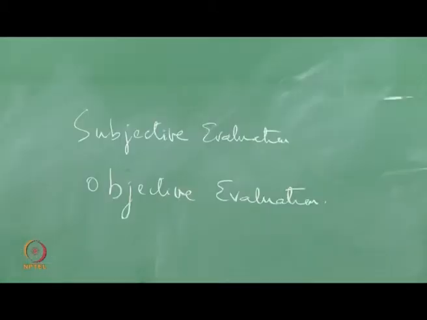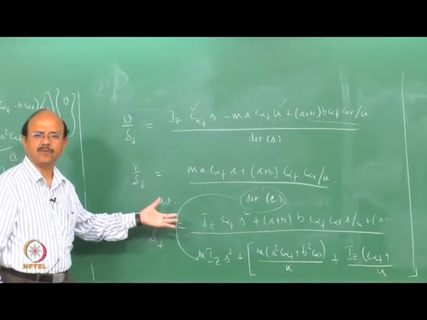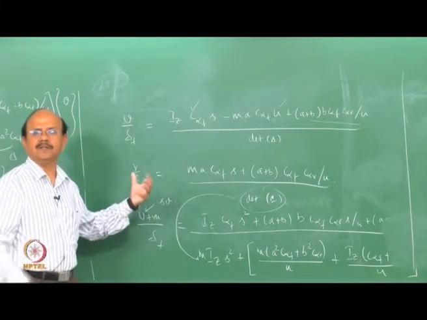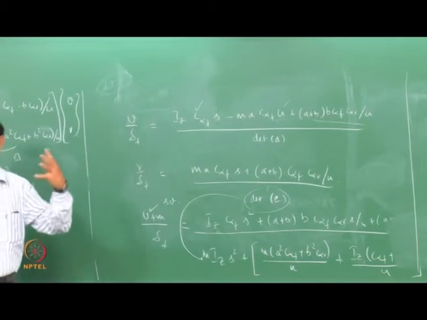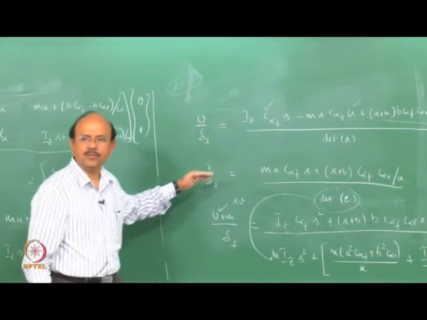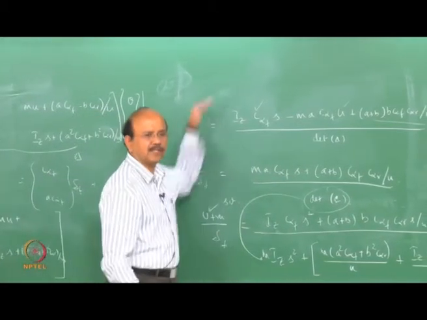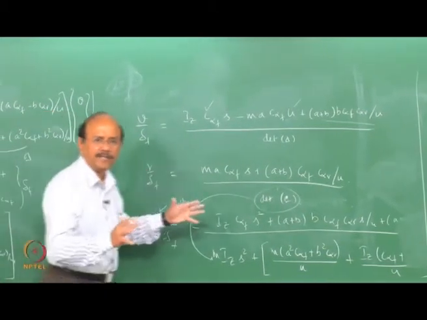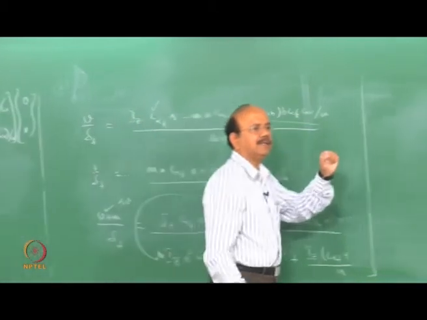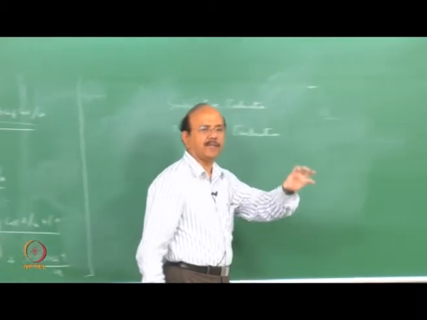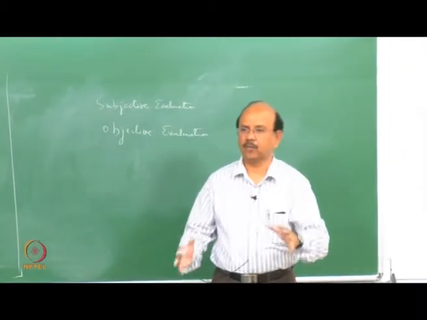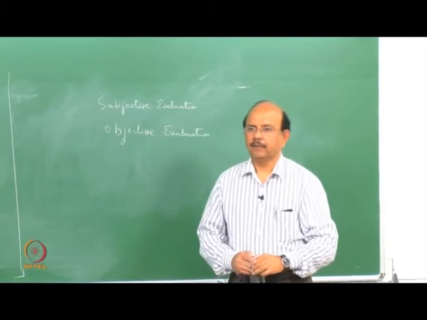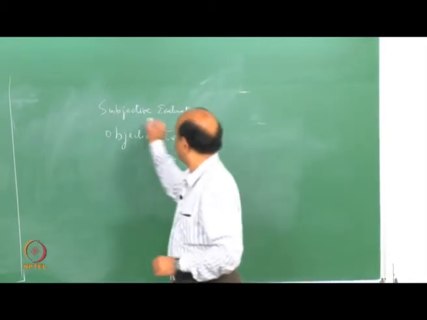Now, what is objective evaluation? I have these equations. What does it really mean when I have 2 or 3 cars? How am I going to look at the response through these equations and tell quantitatively that car A is better than car B, better than car C, and so on? Why are we interested in an objective evaluation?